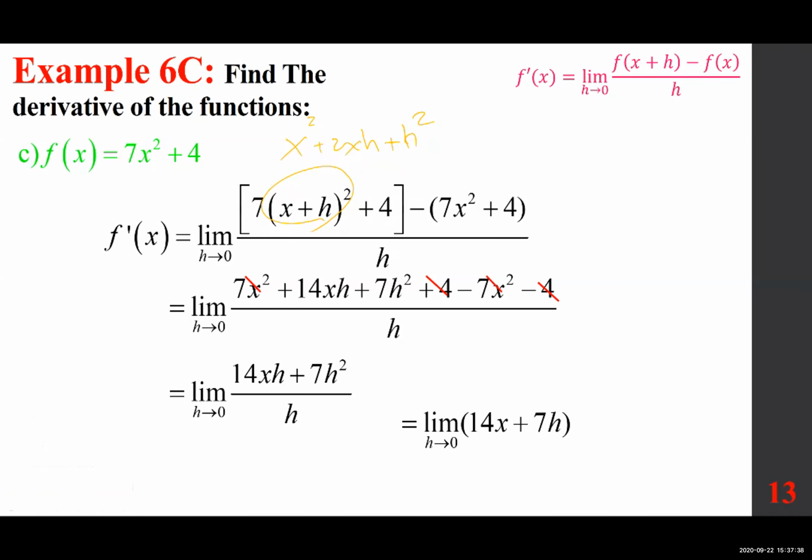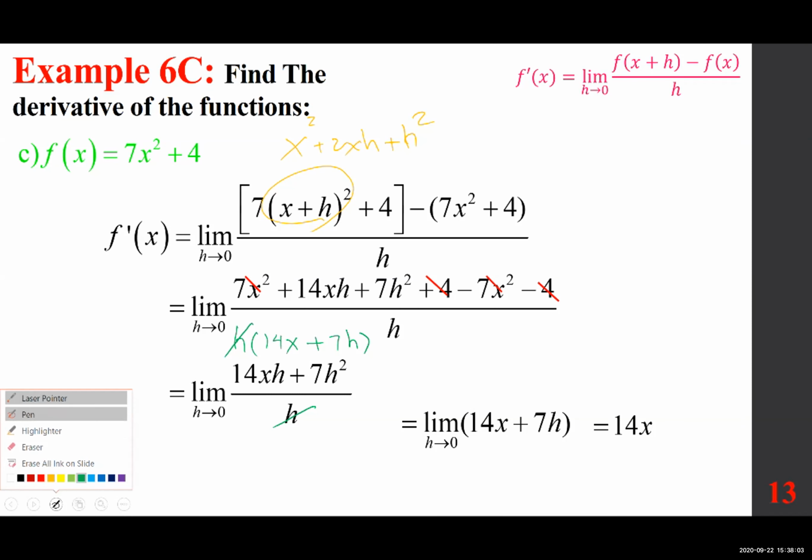I'm interested in getting rid of the h. Class, I can factor out the 7h, but let's just take out the h just because I want to get rid of the h. Otherwise, proper factoring is not this. Proper factoring is taking out 7h. And now you replace the h with 0, and that's your answer. Pretty straightforward.